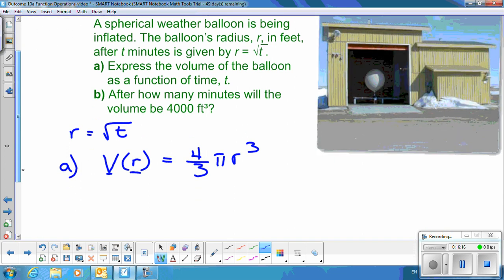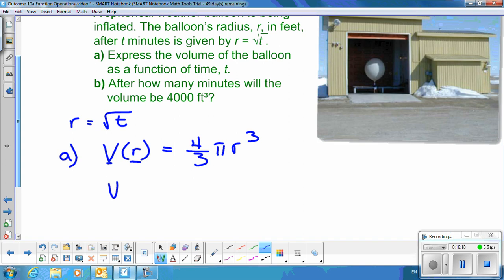If we now want to write it so that the volume is a function of time, what we need to do is replace that r cubed with something involving time. And we know that our radius as a function of time is root t.